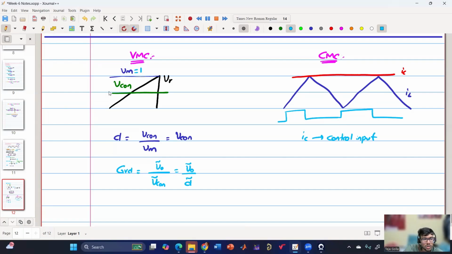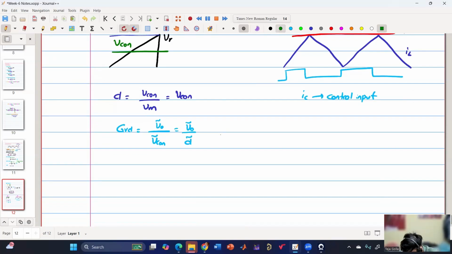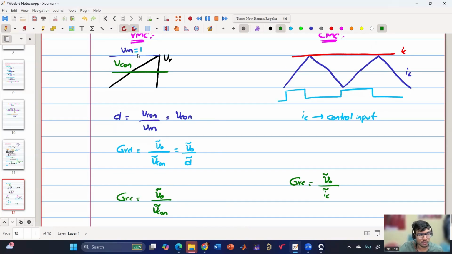Here also my control output is Vcon. So whenever we say control to output transfer function, which is GVC, here it is V0 tilde by Vcon tilde, and here it is GVC equal to V0 tilde by IC tilde. In the case of voltage mode control, there is a direct dependency. If this becomes 1, my V0 tilde by Vcon tilde will become V0 tilde by D tilde.